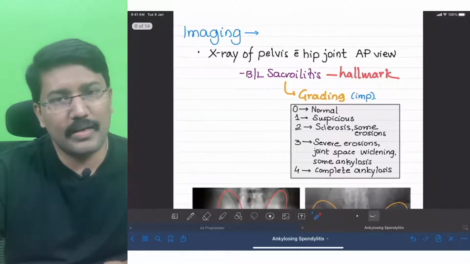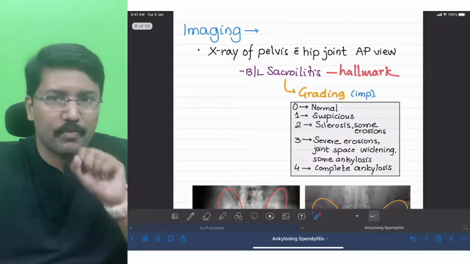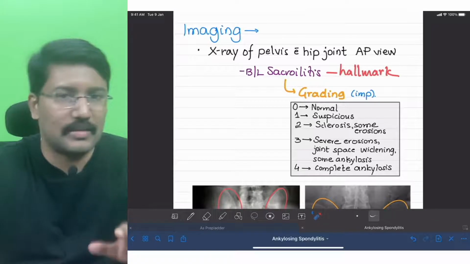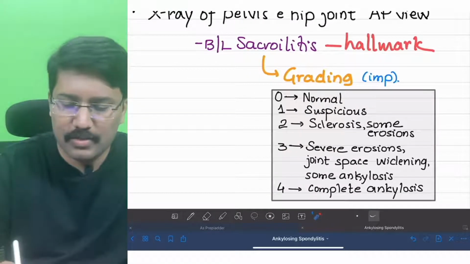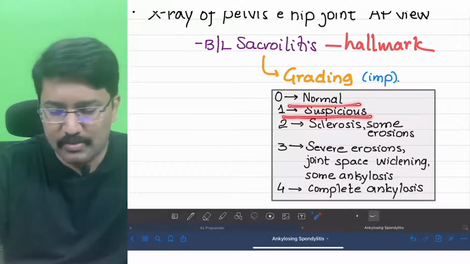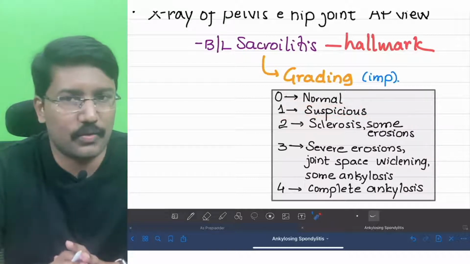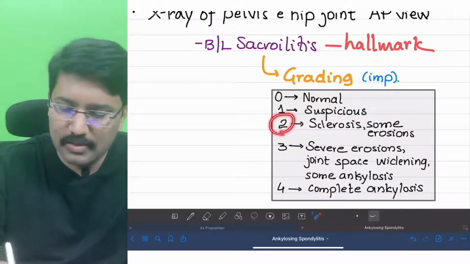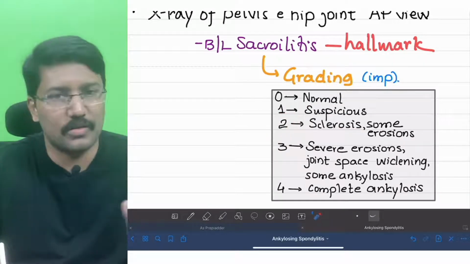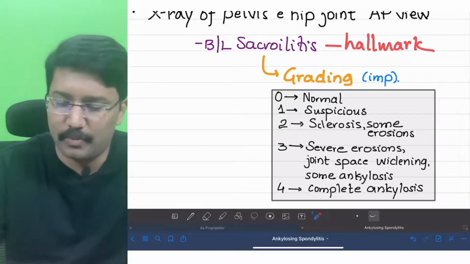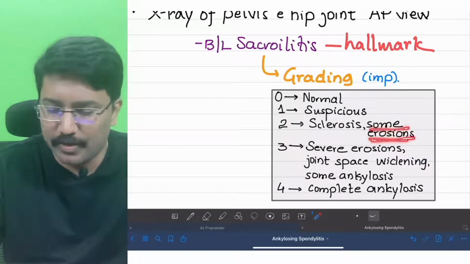And we should know the grading of sacroiliitis on the X-ray. Right? So there are four grades basically, where grade 0 means normal, grade 1 means suspicious sacroiliitis, grade 2 means there is some degree of sclerosis. Right? So there is usually subchondral sclerosis when these patients have the inflammation, and there may be some degree of erosions.